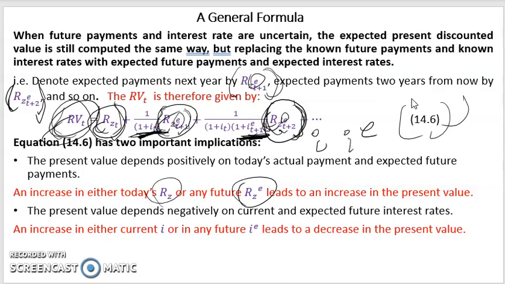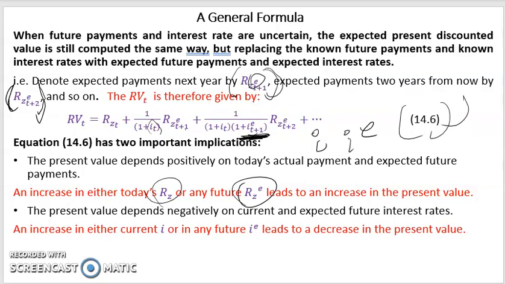This is because these interest rates are below the division, which suggests that their increase will basically reduce the total amount of the discounted value of payments, which is represented by PV. Hence, we say the present value depends negatively on the current and expected future interest rate.